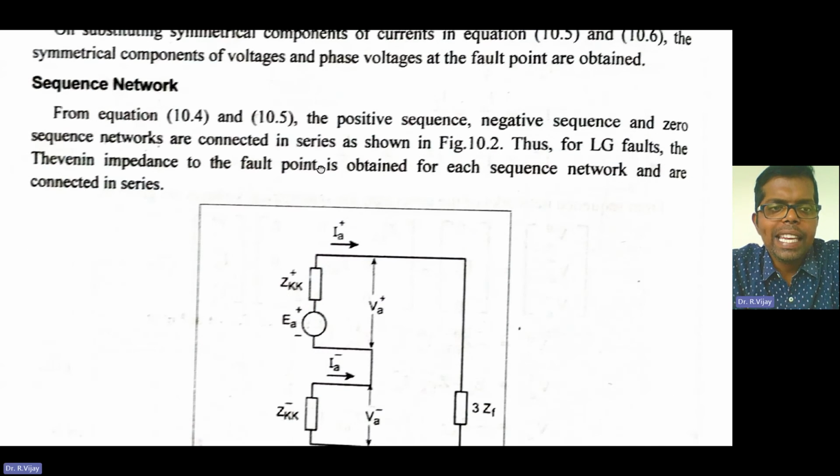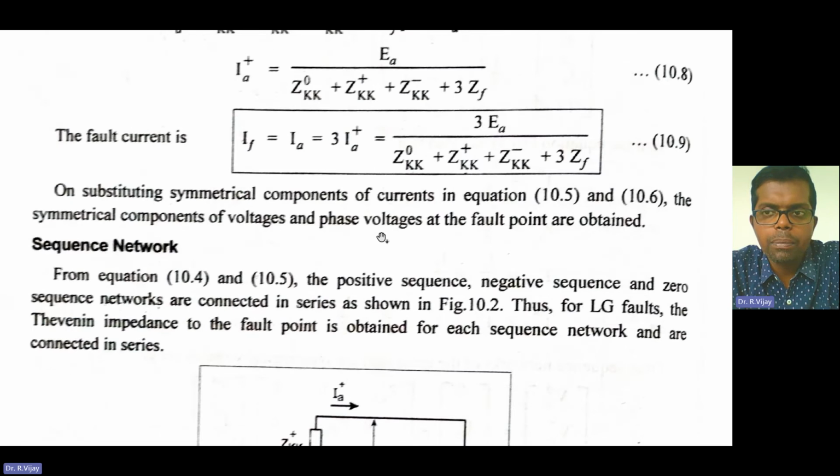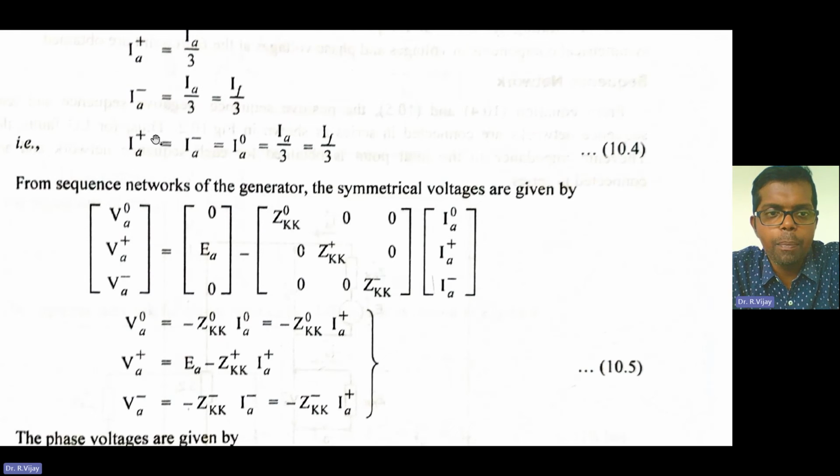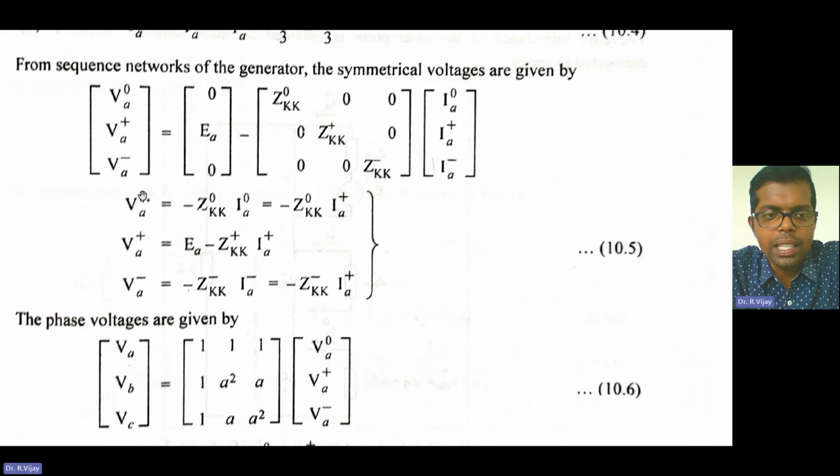Next, the sequence network. From these two equations, IA positive is equal to IA negative, equal to IA naught, equal to IA divided by 3, equal to IF divided by 3, and the equations for VA naught, VA positive and VA negative.